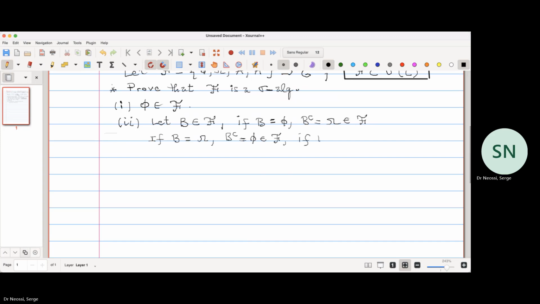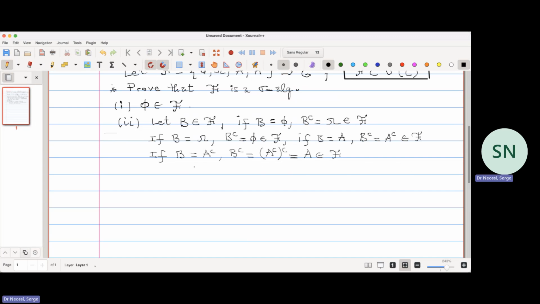If B is equal to A, B complement, which is A complement, is in F. And finally, if B is equal to A complement, B complement, which is the complement of A complement, which is A, is still in F. So F is stable by complement, right?